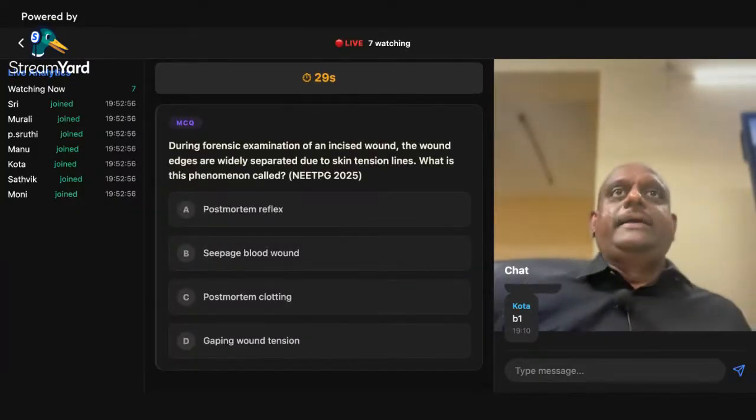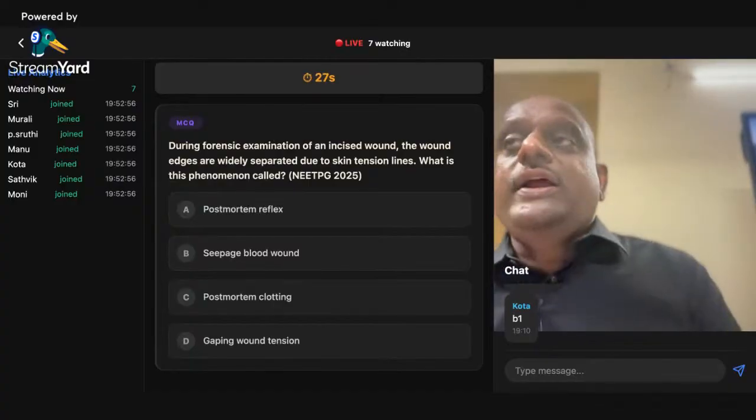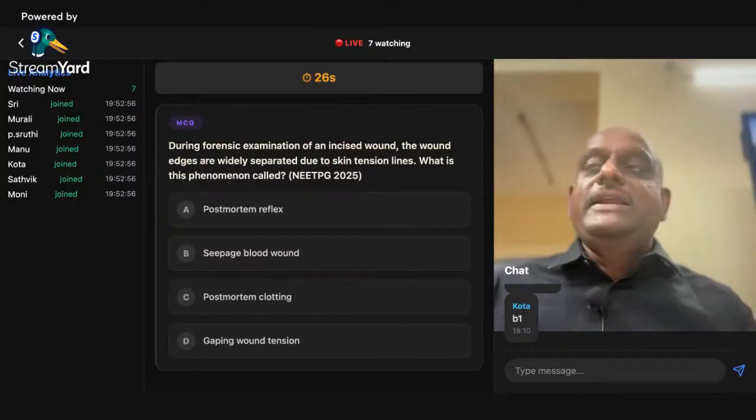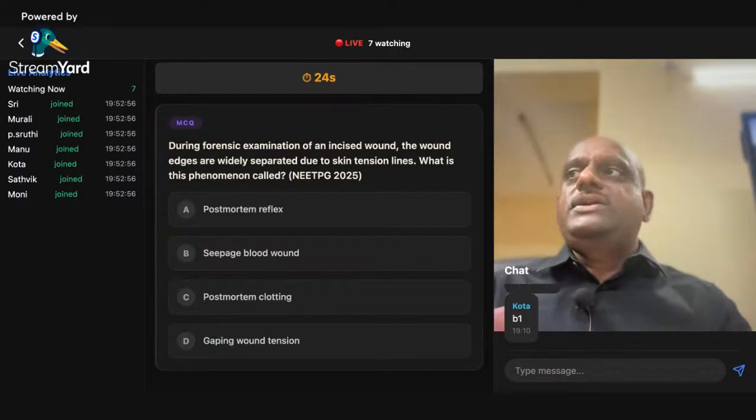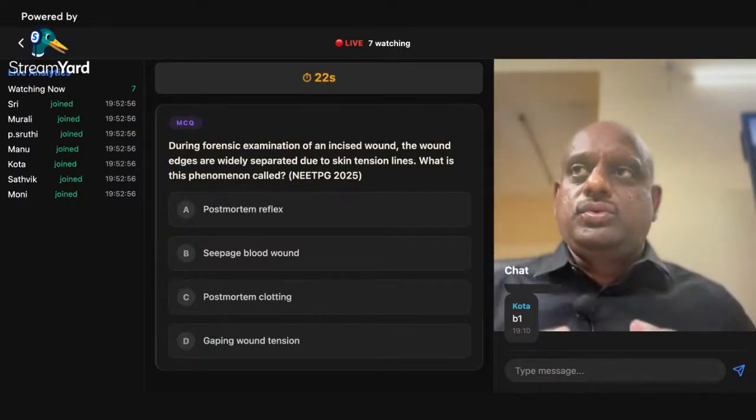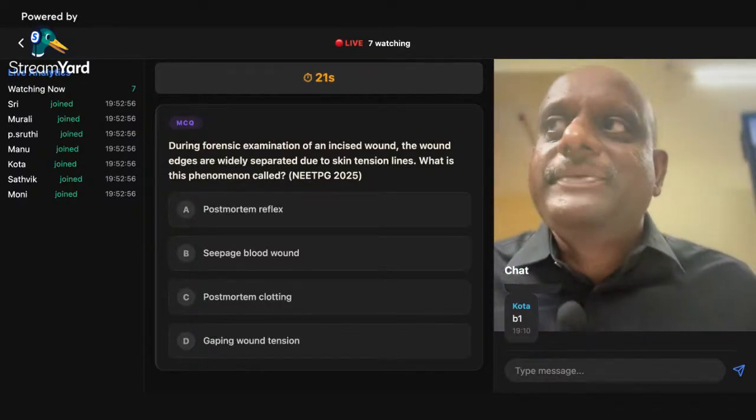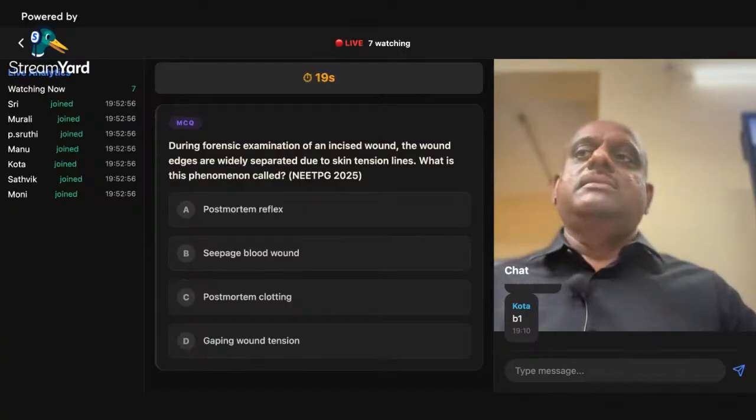Okay? During forensic exam of an incised wound, the wound edges are widely separated due to skin tension lines. What is this phenomenon called?